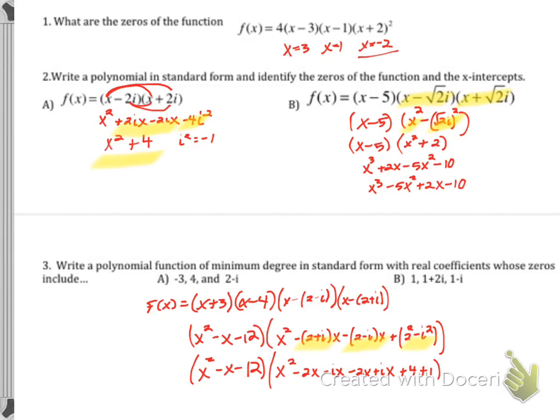Combining like terms, your x's and ix's, looking for things that cancel. Canceling ix's leaves you with negative 2x, and negative 2x is negative 4x. Obviously 4 and 1 is 5. Then from there you can FOIL the rest of that out, and there's that polynomial fully expanded.